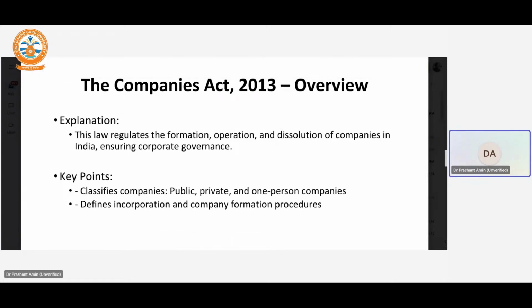The law is regulating the companies. Now, if you read section number 2 of the Companies Act, what is a company? It is a very simple definition: that which is created under the Companies Act 2013 is called a company. But what is a company? A company is a group of people.